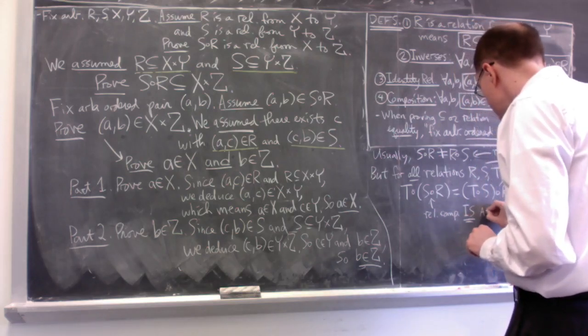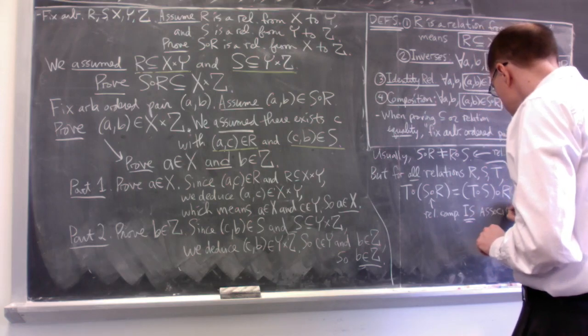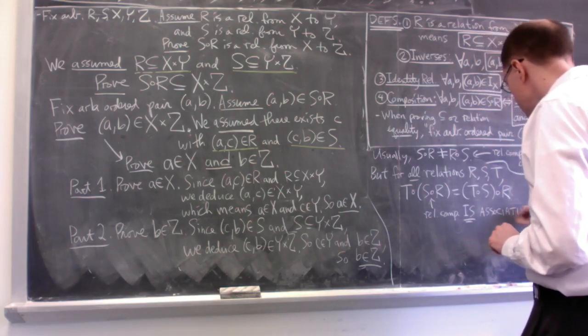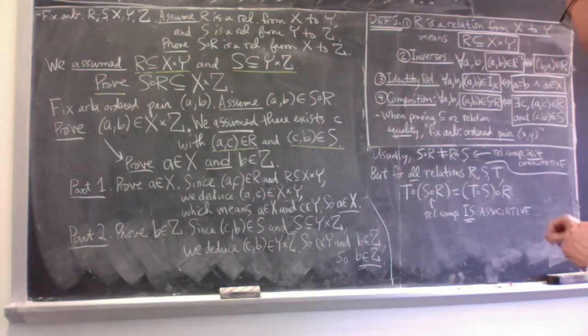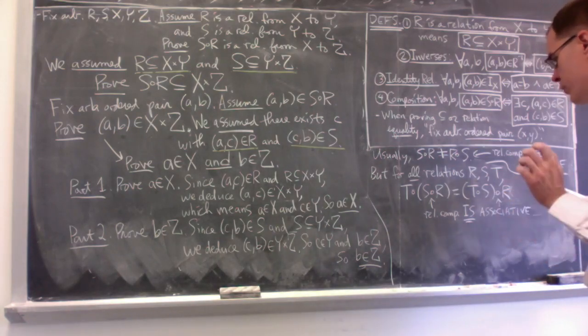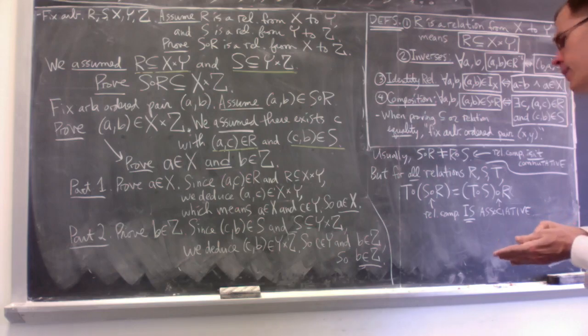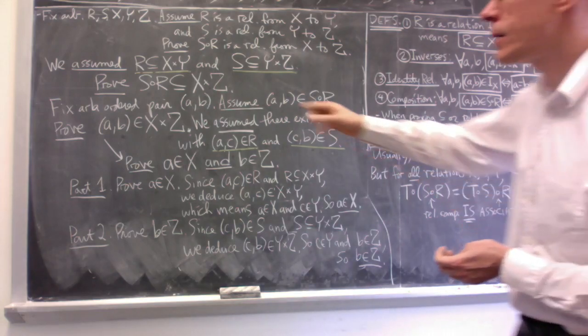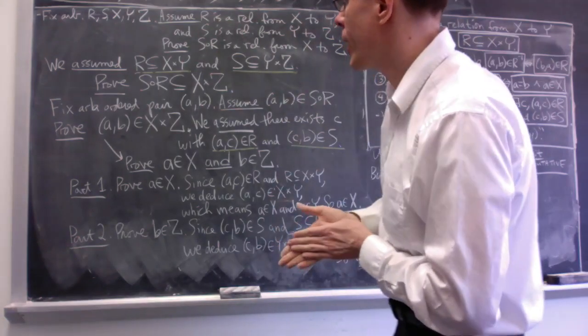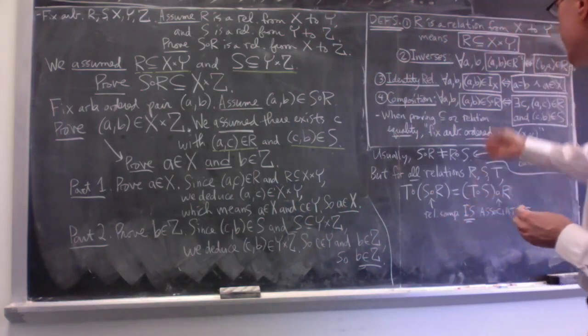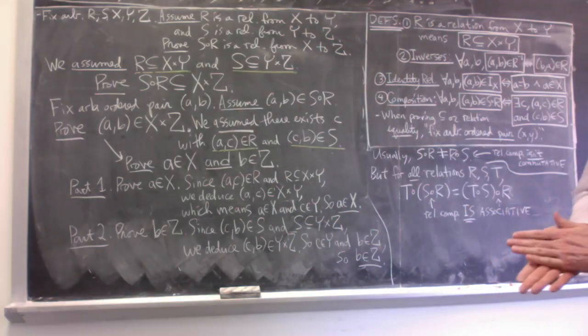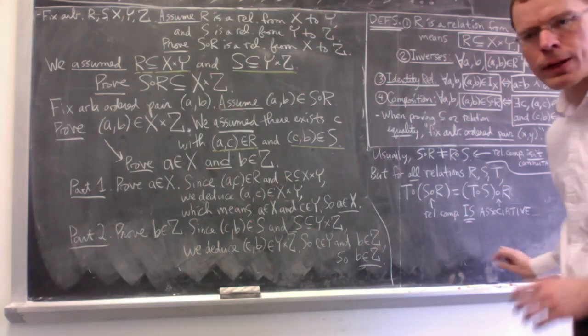You can move the parentheses without changing the order. As a special case of that, when we do functions, function composition will be associative as well. And I think I already mentioned the identity property. If R is a relation from X to Y, composing with the identity in the right way does give you R back. Okay, that's the end of that one.